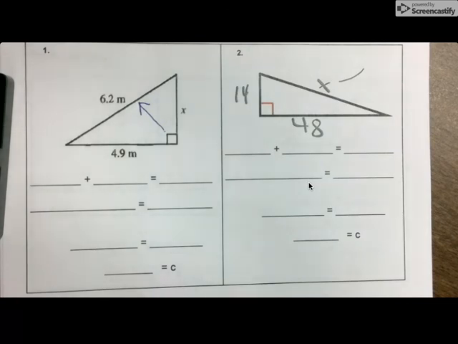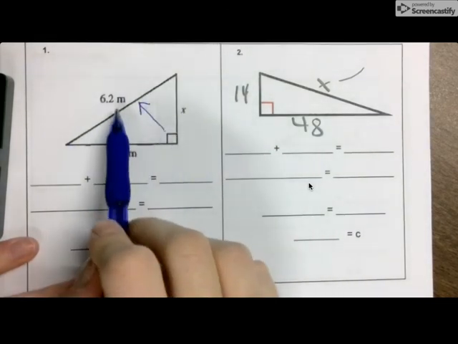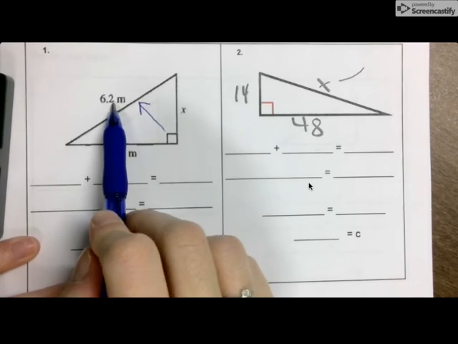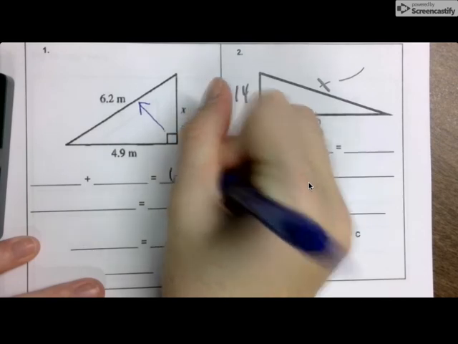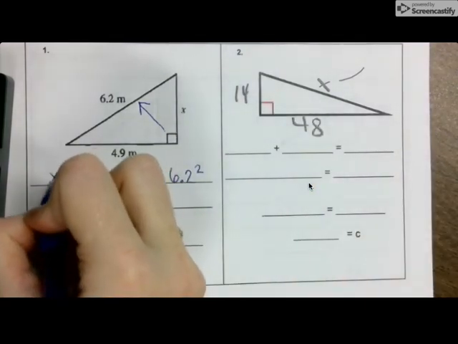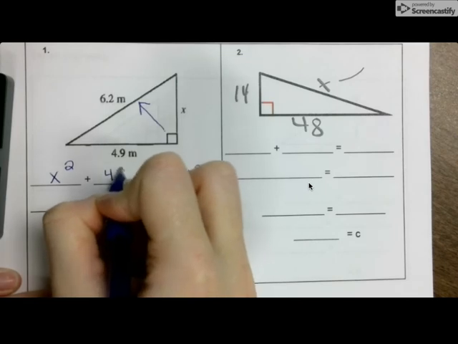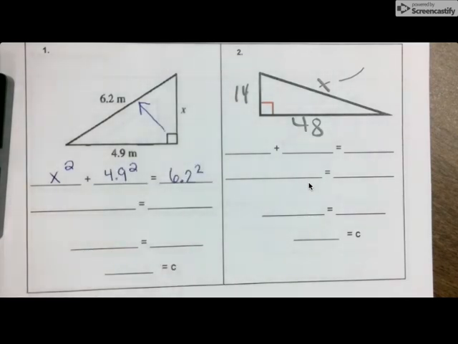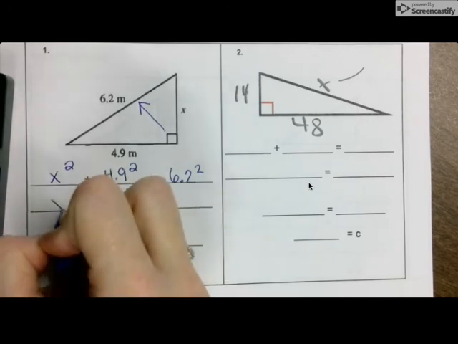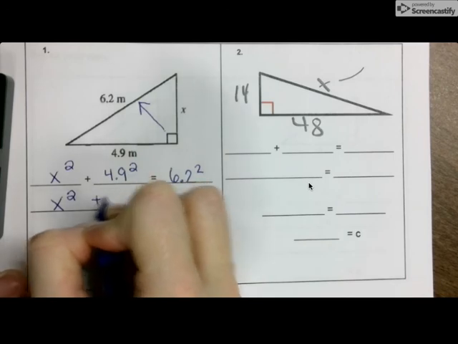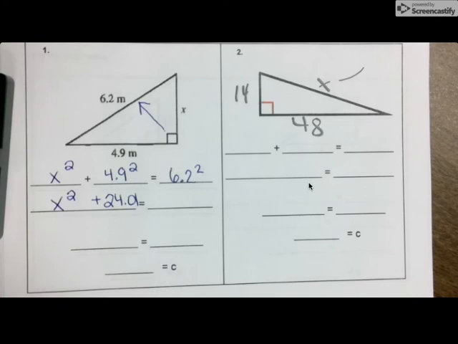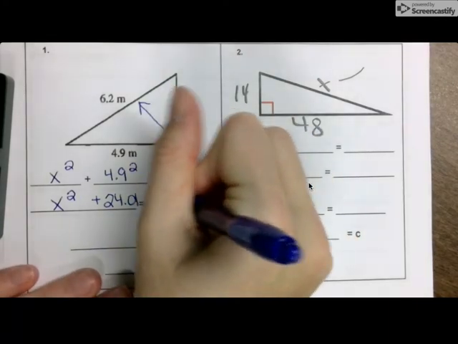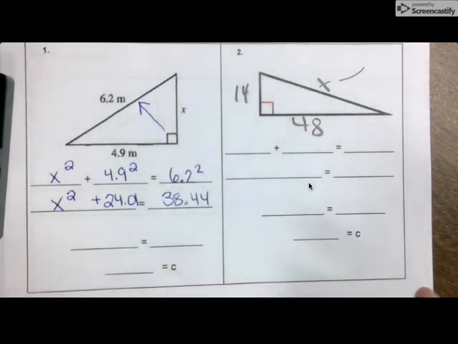So in number 1, it's very similar to what we just did. The 6 2/10 is across from that right angle, so that's my hypotenuse. So that is going to go here. Then I have my x squared and my 4 9/10 squared. Okay? So what is 4 9/10 squared? 24 1/100. What is 6 2/10 squared? 38 44/100.